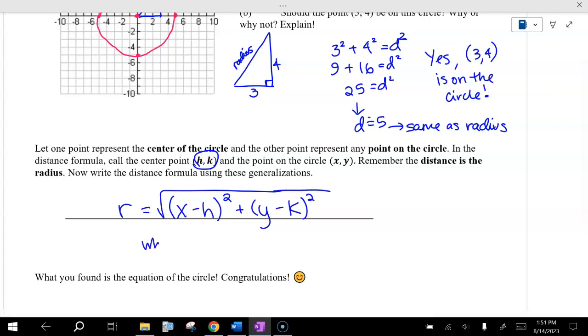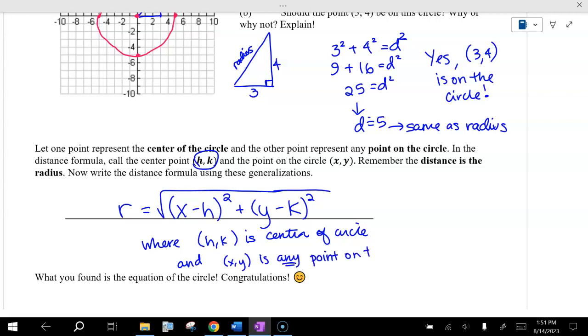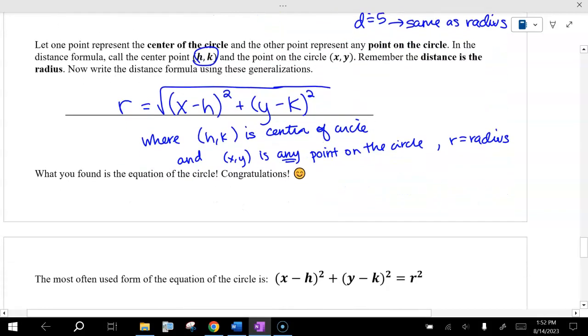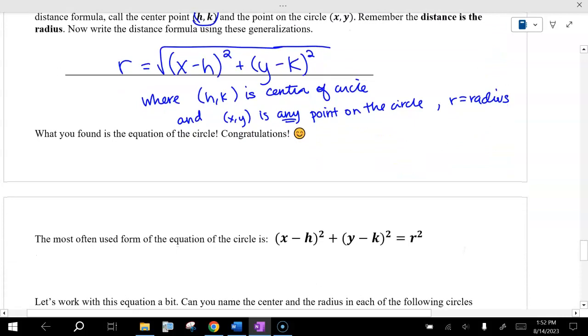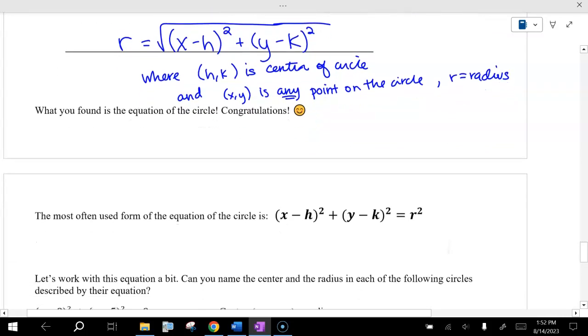And again, this is where h, k is the center of the circle, and x, y is any point on the circle. And of course, we know that r is going to be our radius.